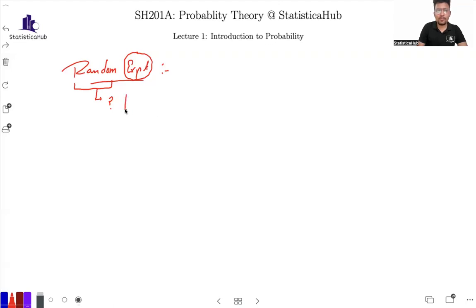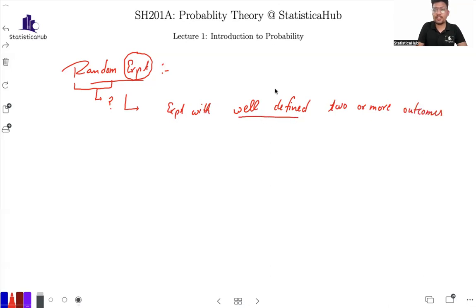So in a simple format, I can write: an experiment with well-defined two or more outcomes. These are predefined. Before the experiment, you know what the possible outcomes are.